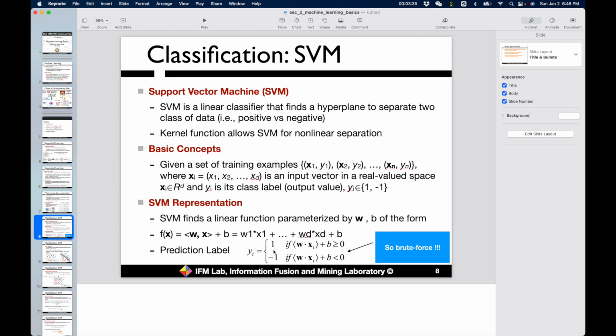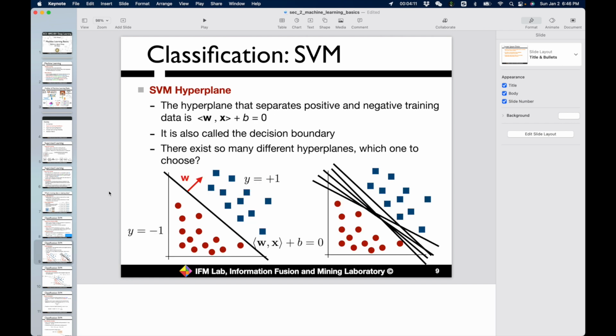However, if this f(xi) is negative, then we can assign it a negative label. I know it is very brute force, right? But we can take this one as an example. In this way, we can define a mapping, a function, to classify the instances into the positive class and the negative class, right?